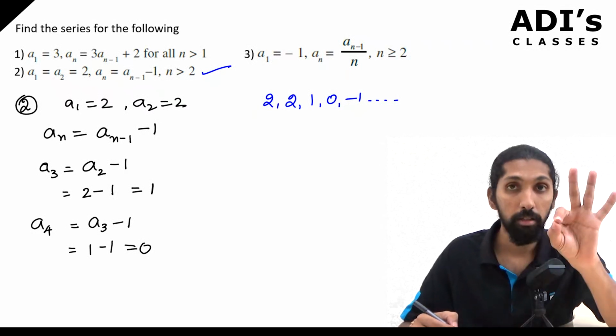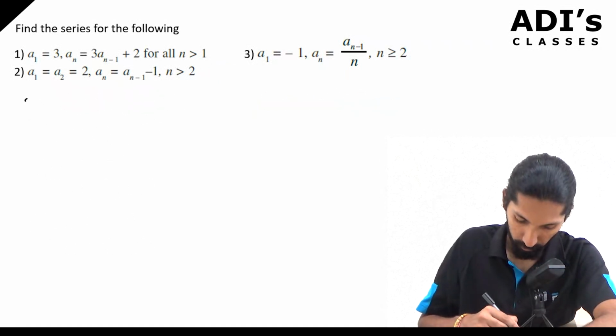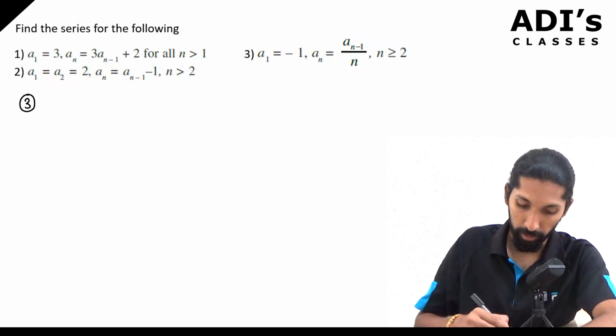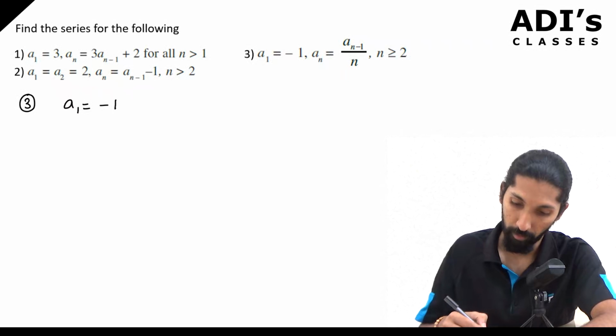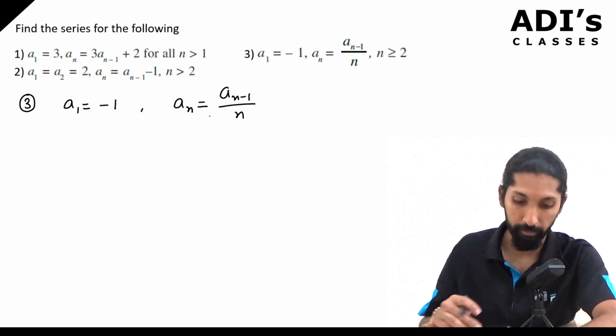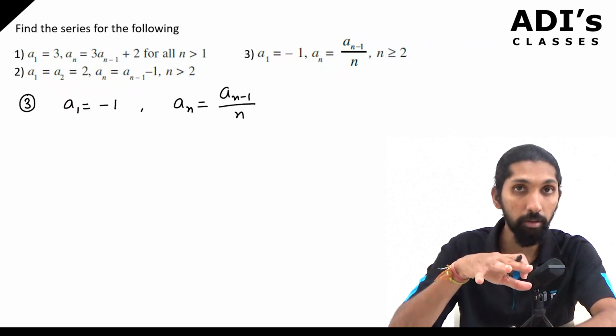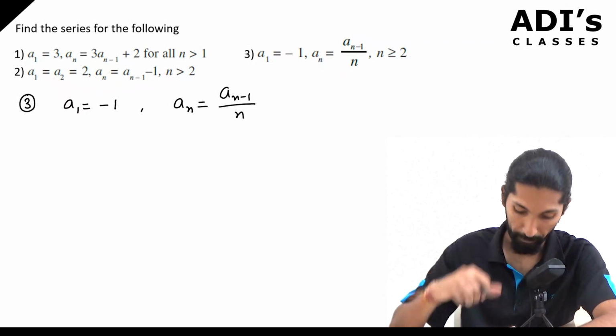Now let's do the third question. See the third one. a1 is given to be negative 1, right? Then the nth term a_n is a_(n minus 1) divided by n, where n is greater than or equal to 2. That means n can be equal to 2, isn't it?